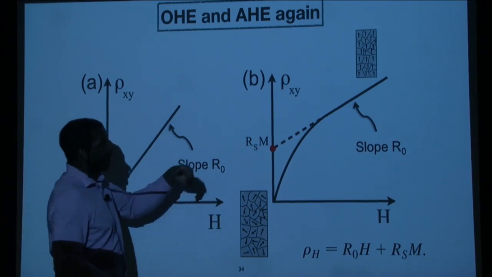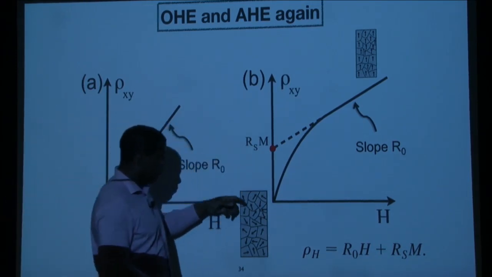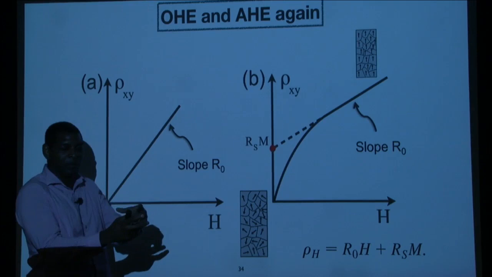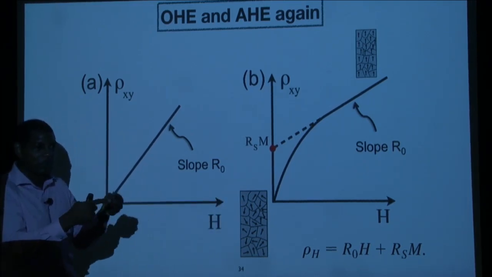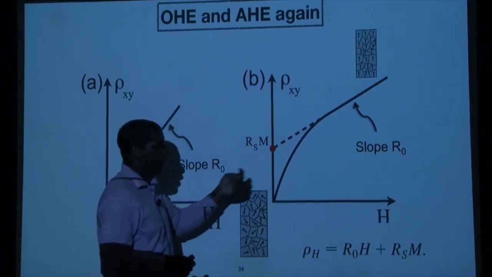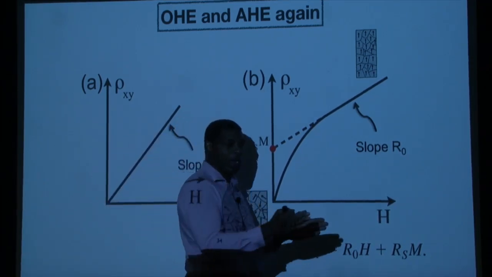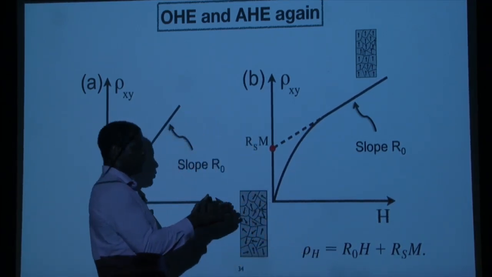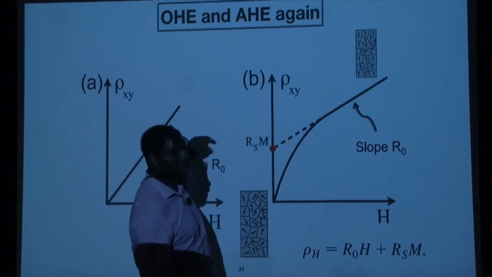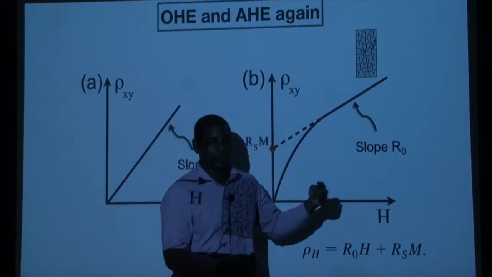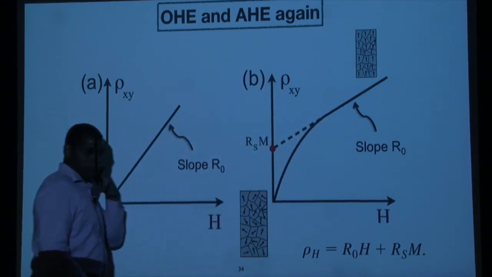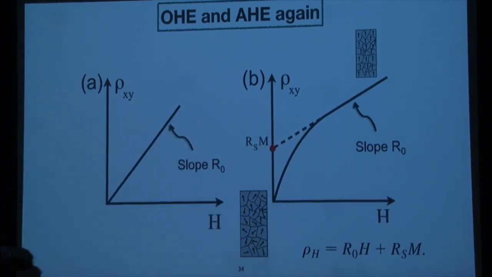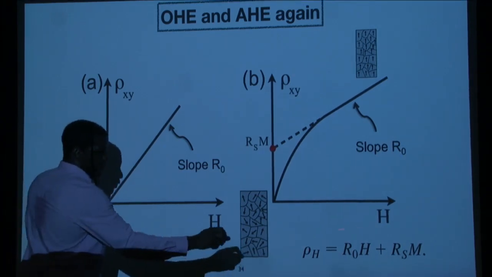And then if you go to a magnetic material, you have different domains, and all the magnetization is oriented in different directions. As you apply a magnetic field, you start to align all these domains, and all these domains want to point in the same direction. This is exactly the experimental curve you should get for most materials. You get this anomalous Hall effect that comes out, and this is how they fit it experimentally.